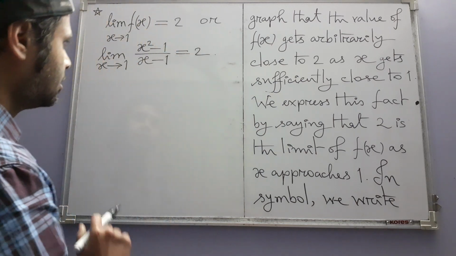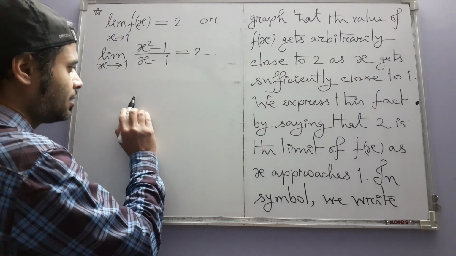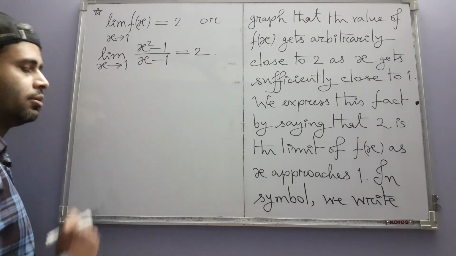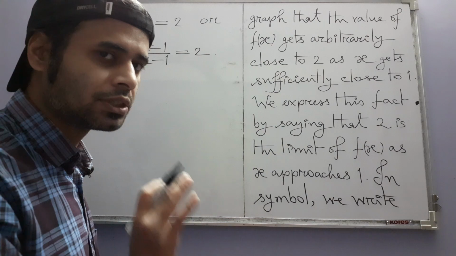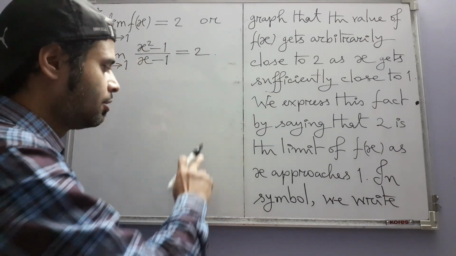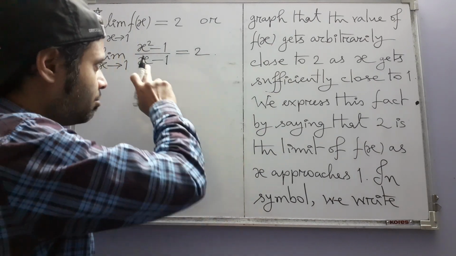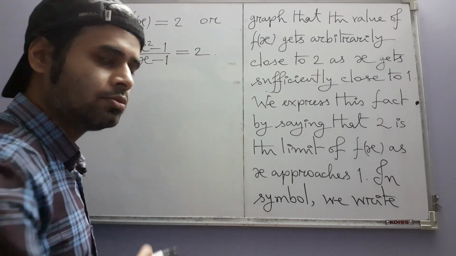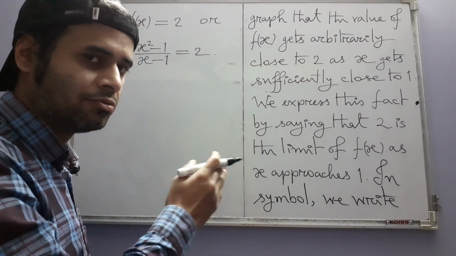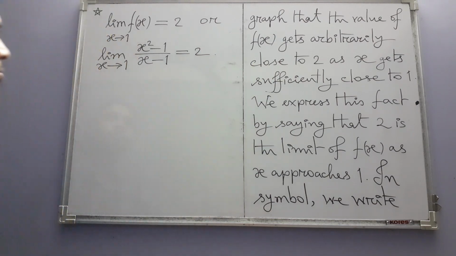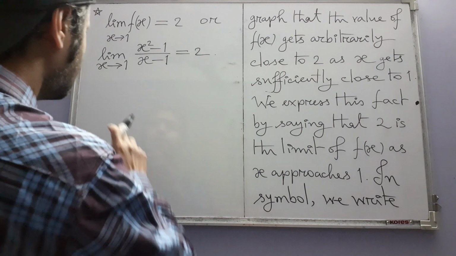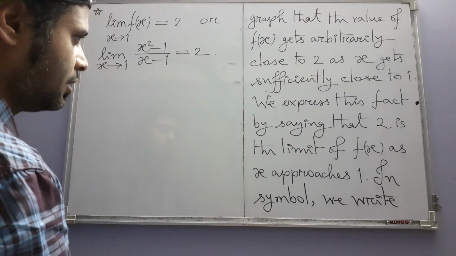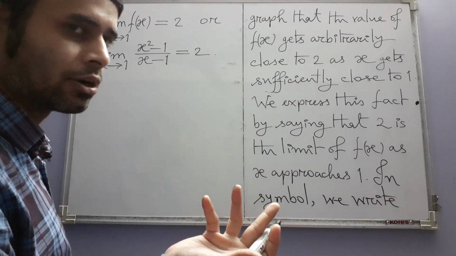However, it should be the case that your input values can get close to that point. Although 1 is not a point in the domain of this function, the input values can be made close to 1, because otherwise this just does not make sense that x is approaching 1. If x cannot approach 1, then it will not approach 1.